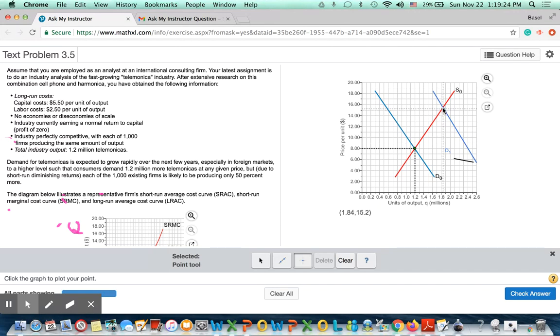So the point of intersection in here, this one should be 1.15.